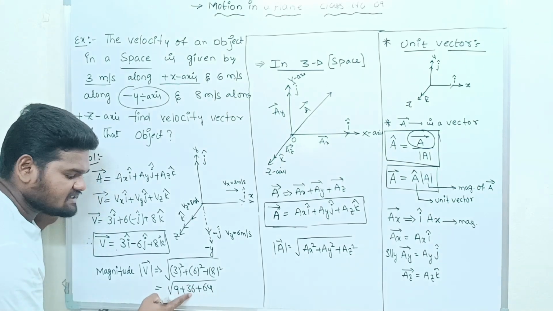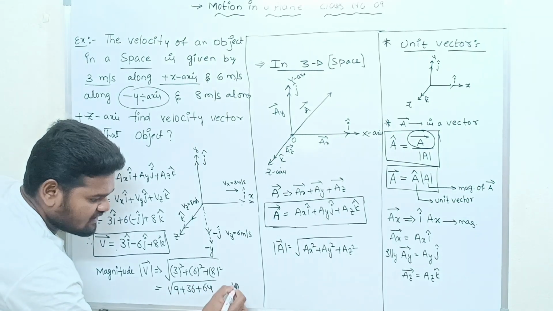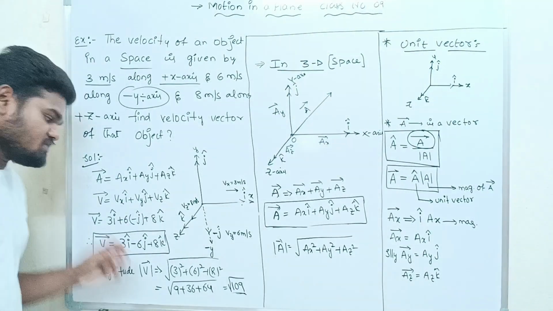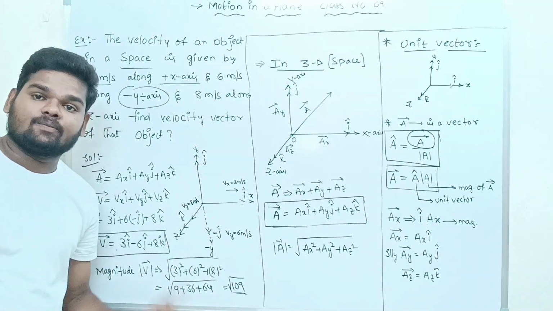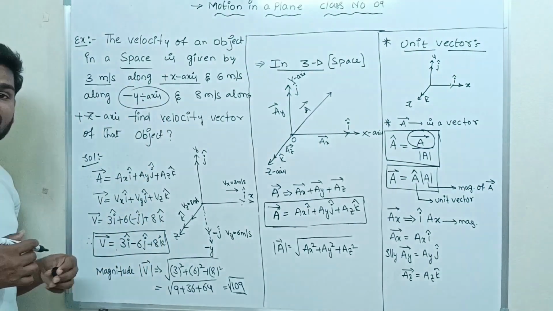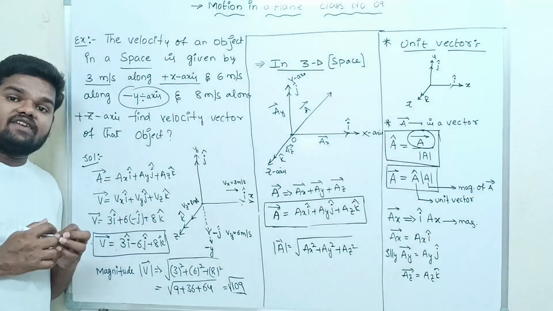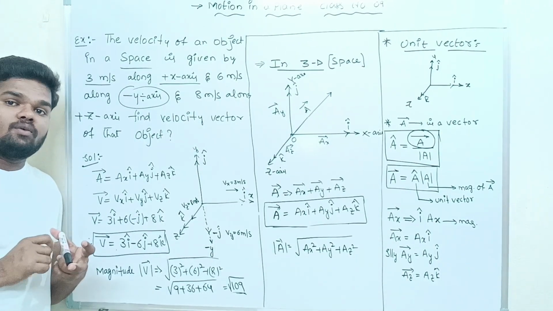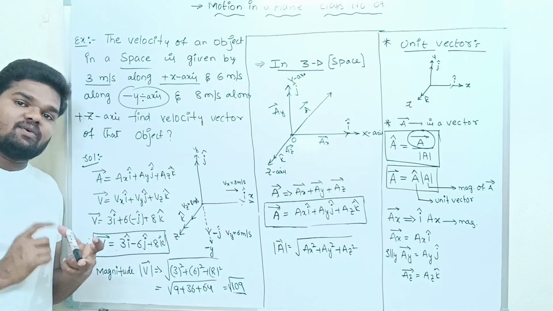So 64 plus 36 is 100, 100 plus 9 is 109. So this is the magnitude of the velocity vector: under root 109. Any doubts? Is it clear? Right. So pause the video and write the notes.